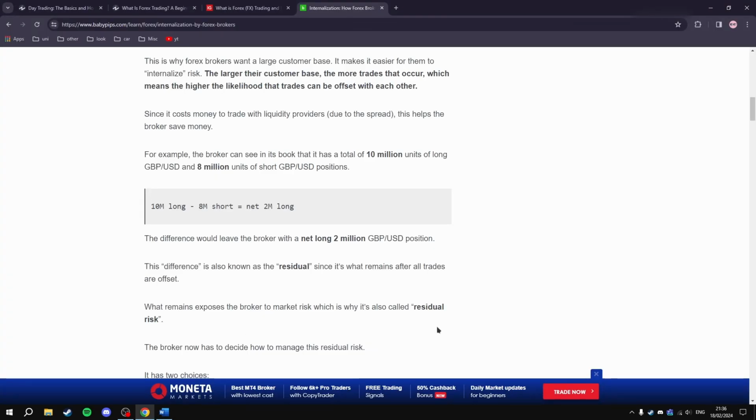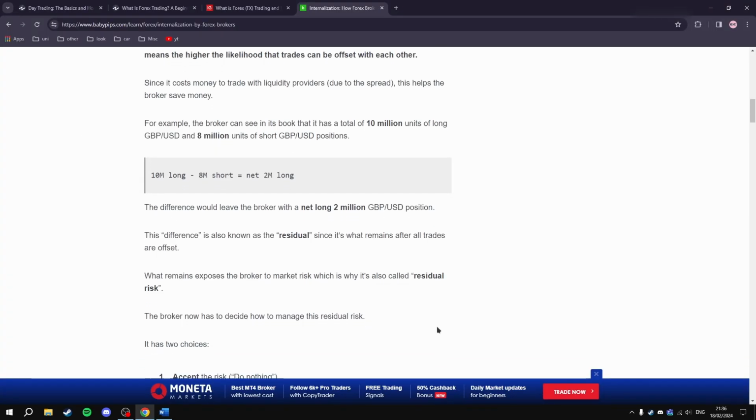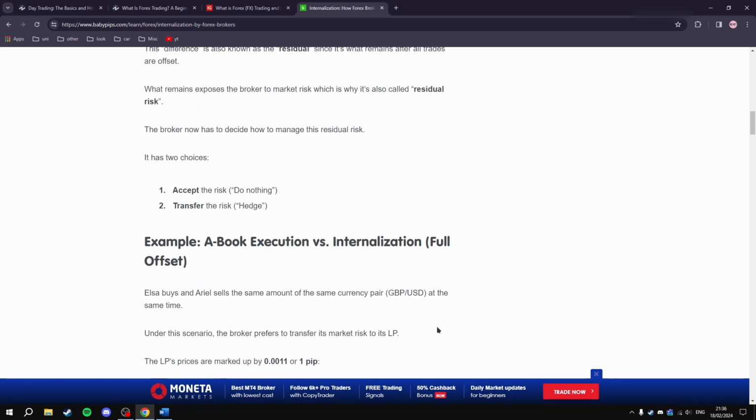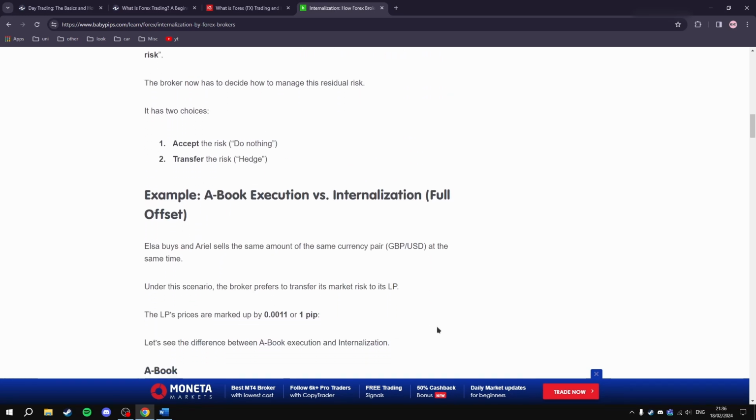Yeah, okay, that sounds about right. What remains is called residual risk. Yep. The broker now has to decide how to manage this residual risk.